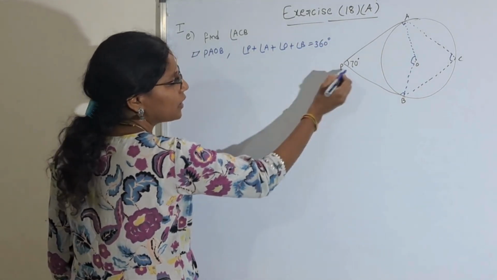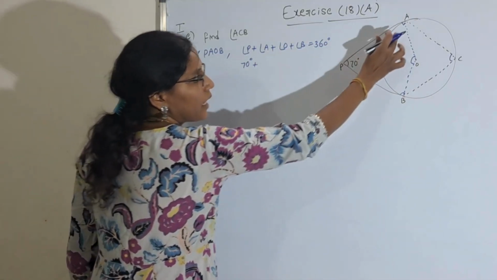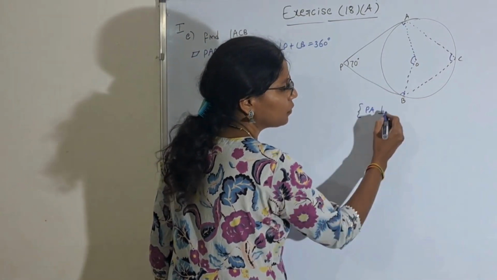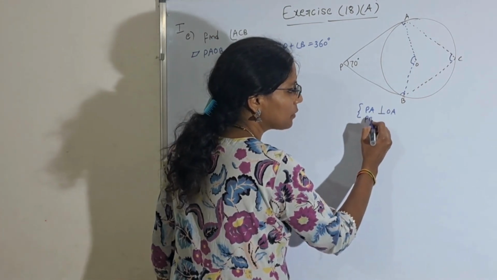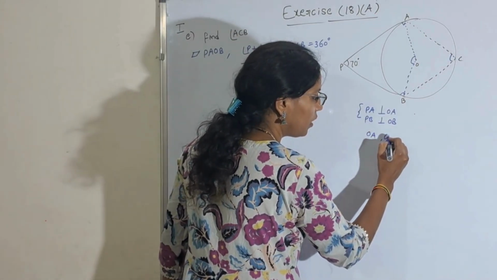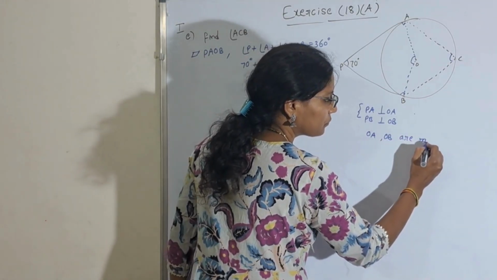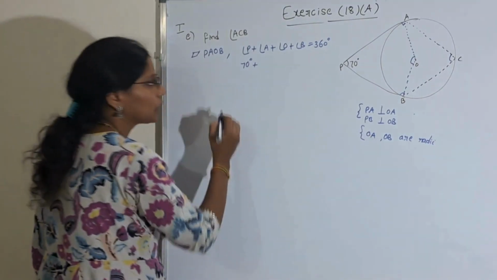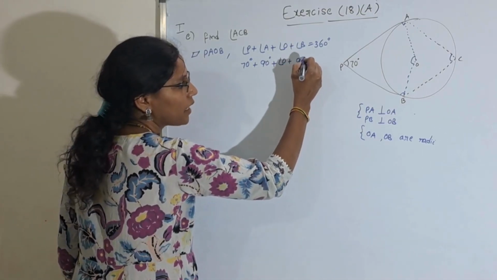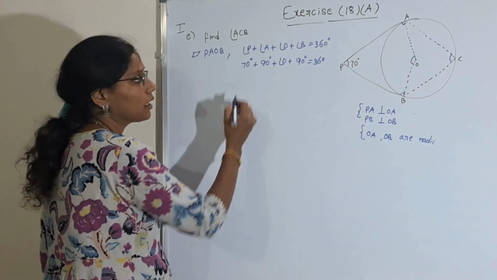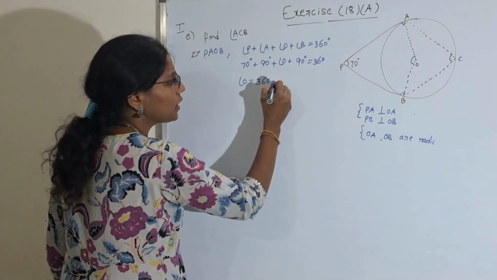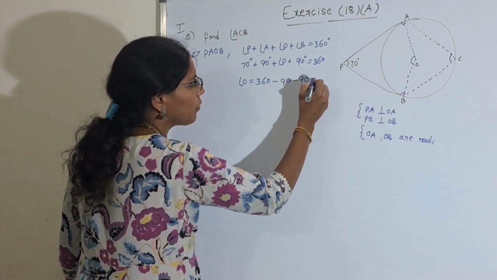Here angle P is 70 degrees plus angle A is 90 degrees, because here PA is perpendicular to OA and PB is perpendicular to OB. OA, OB are radii. Here 90 plus angle O we have to find out. Angle B is 90 degrees, equal to 360 degrees. Here 70 plus angle O is equal to 360 minus 90 minus 90 minus 70.